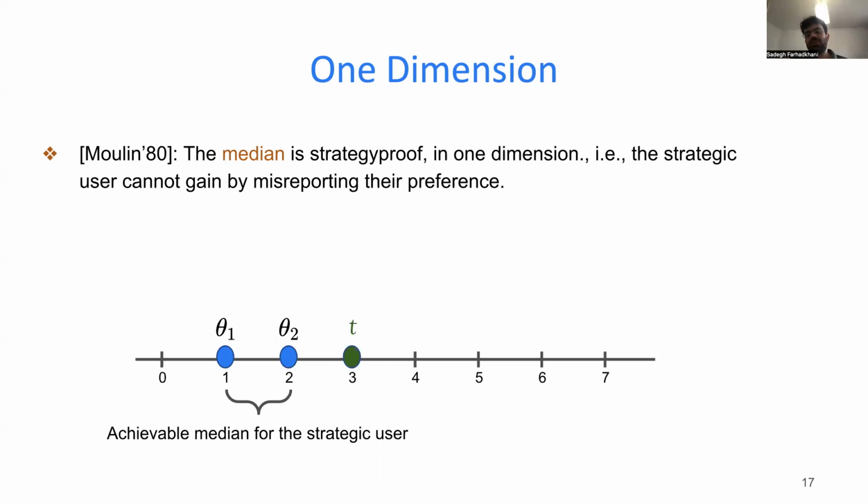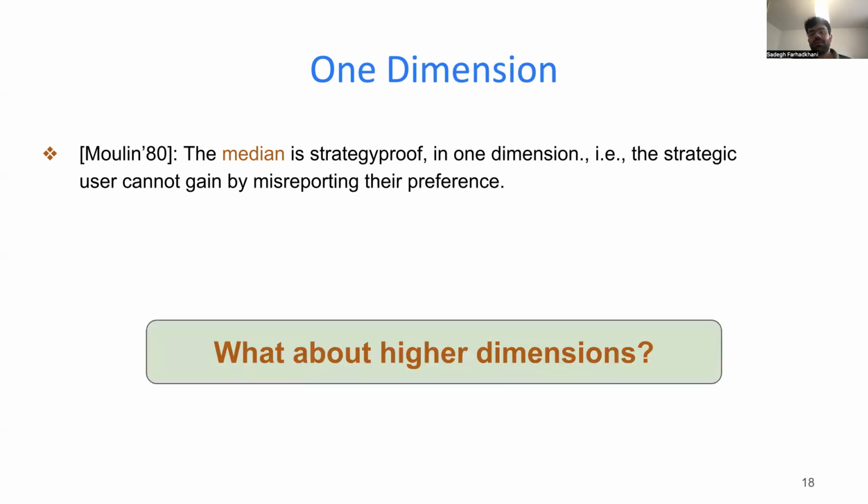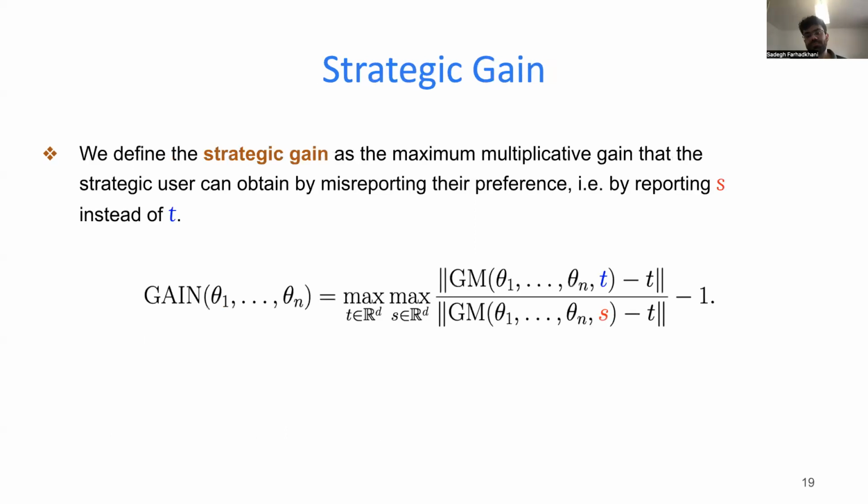The case when the number of users is even is a bit trickier and requires some special considerations, but still follows from the same kind of reasoning. And in our work, we try to generalize this result to higher dimensions.